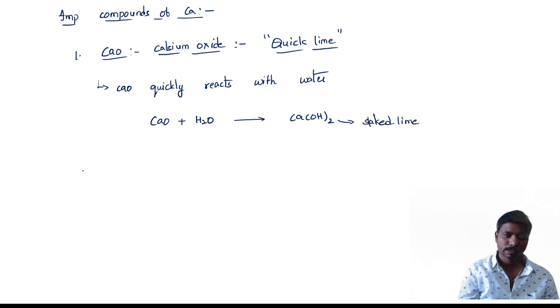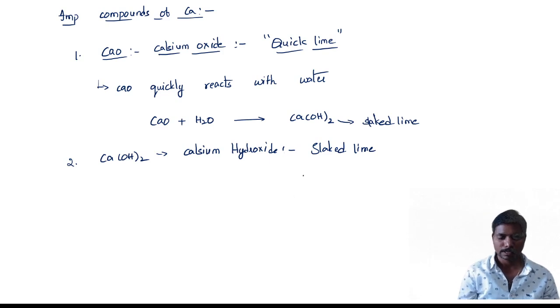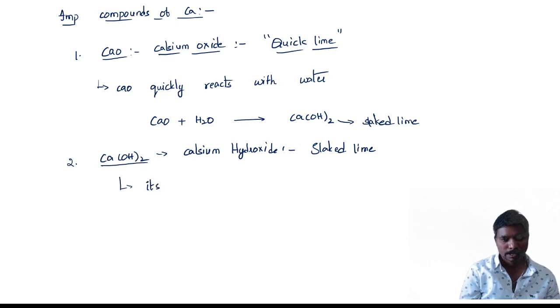Slaked lime. So the second one, calcium hydroxide, is also called slaked lime. And its suspension, in the form of liquid, is called milk of lime.